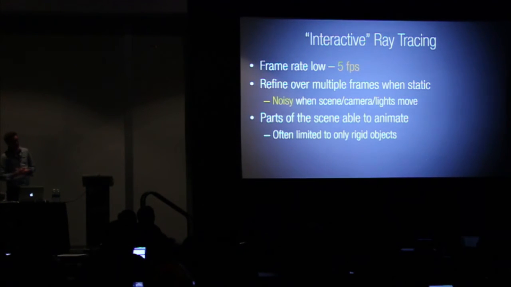And they can do real time, but the frame rate is more interactive than real time. It's 5 frames a second rather than 30 or 60. And they often allow certain things, like the scene is allowed to be static. They allow multiple frames to refine. They themselves impose limitations, which mean that if you wanted to do something completely real-time, you'd still be limited.